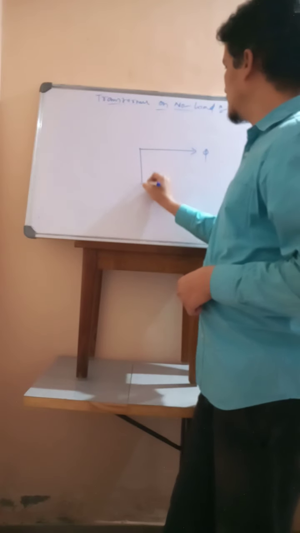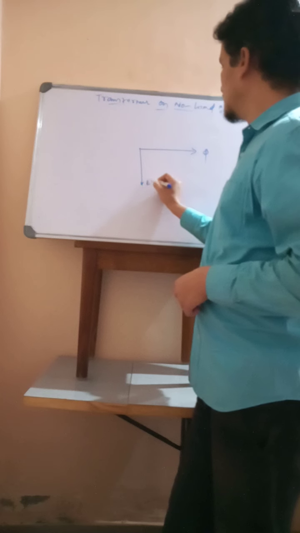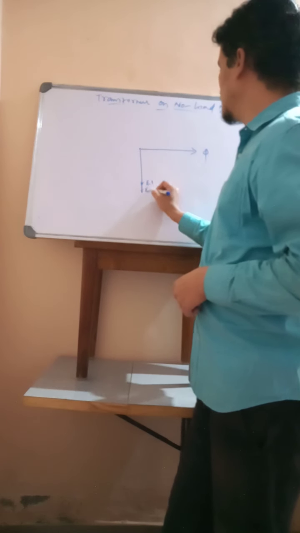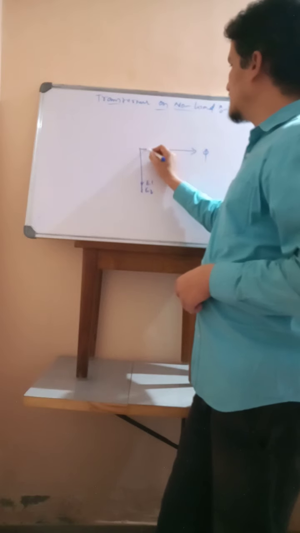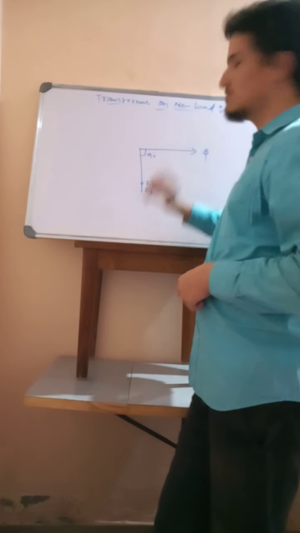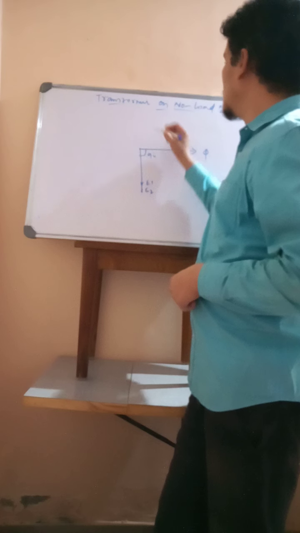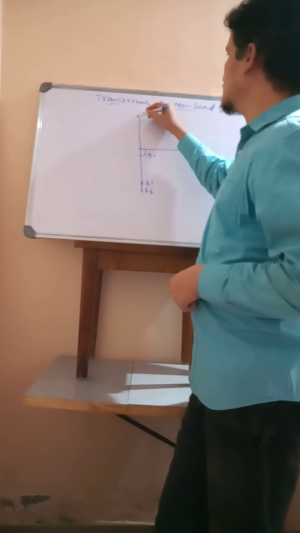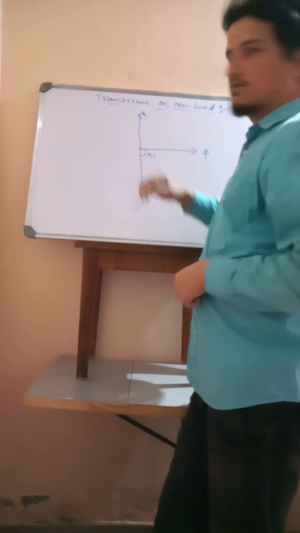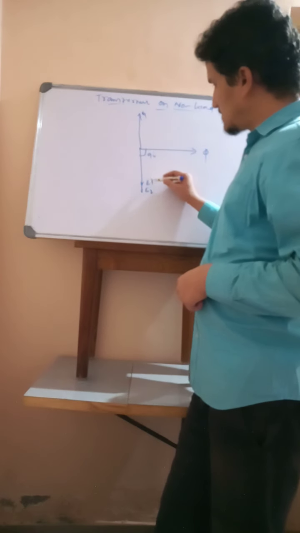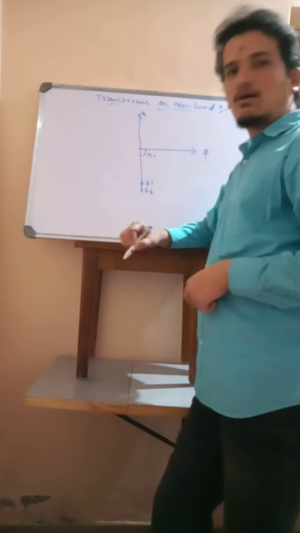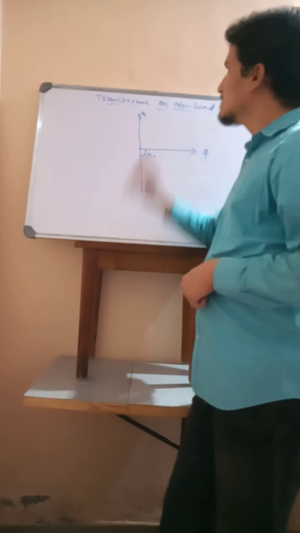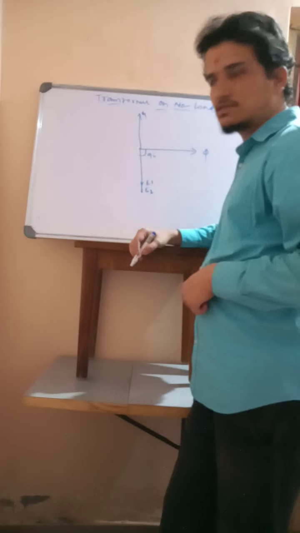E1 and E2 are the induced voltages, lagging phi by 90 degrees. We have understood why. What about V1? V1 is just opposite to E1. Why? The induced voltage E1 will oppose the applied voltage V1, according to Lenz's law. That's why I am writing V1 on the opposite side.